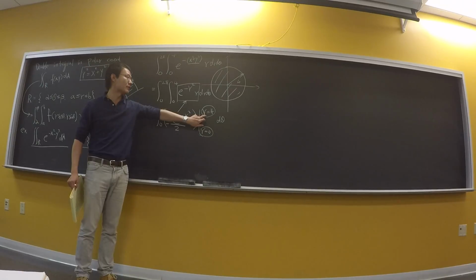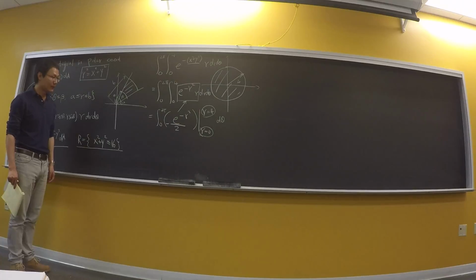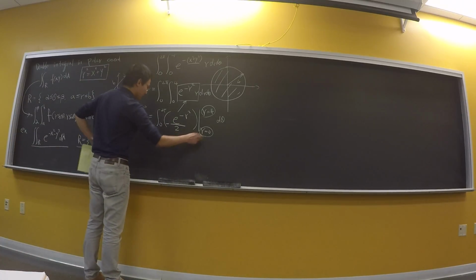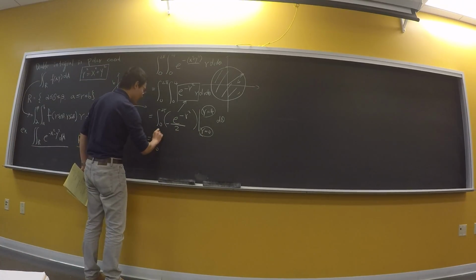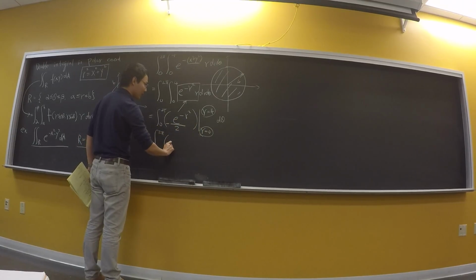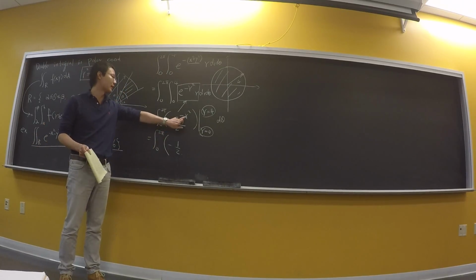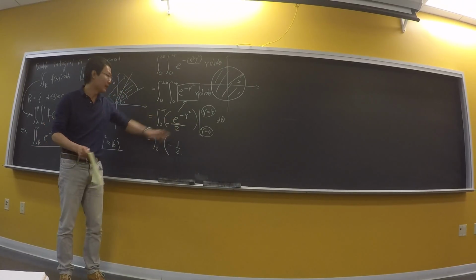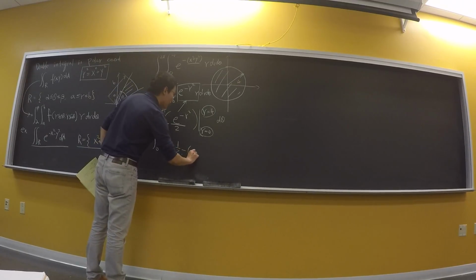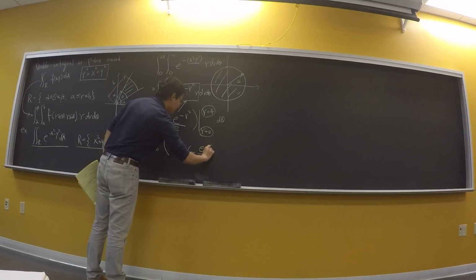So keep this r with you, because you also have theta as the variable on the outside. Plugging in r equals 0, the exponential with exponent 0 is just a 1, so I get minus 1/2. Minus, when r equals 4, I have minus half of e to minus 16.